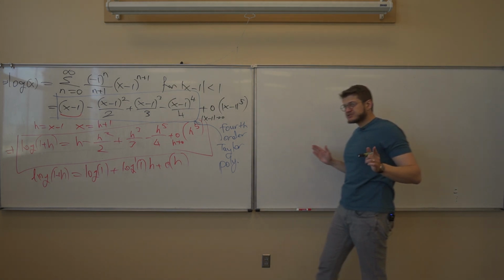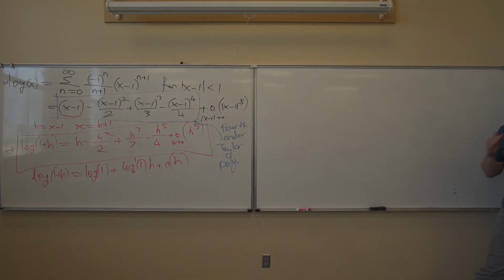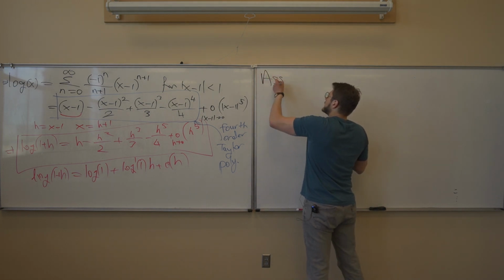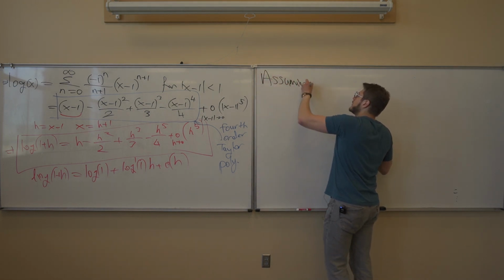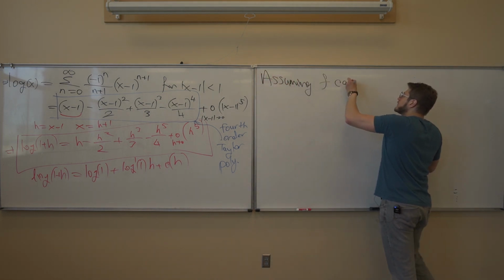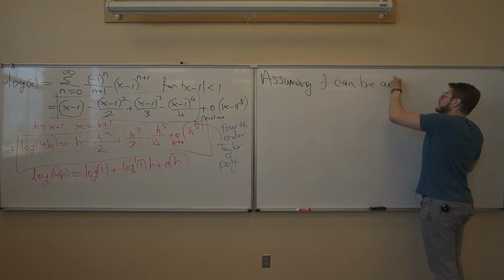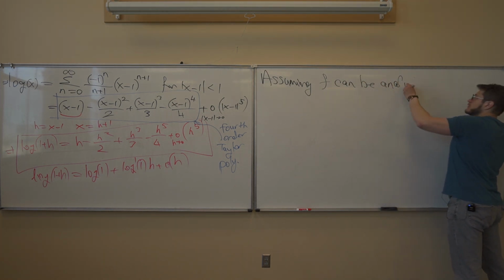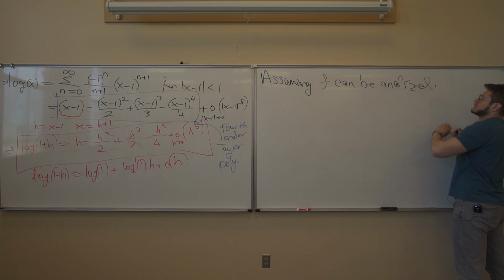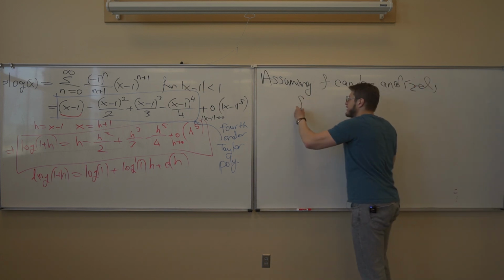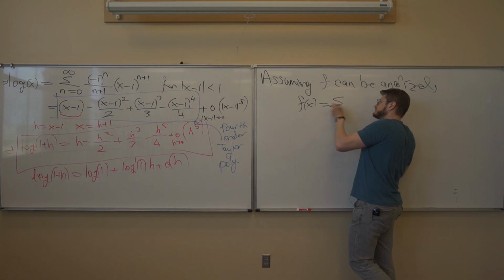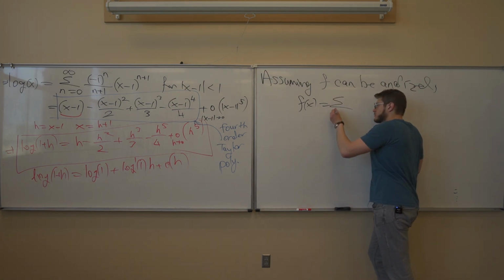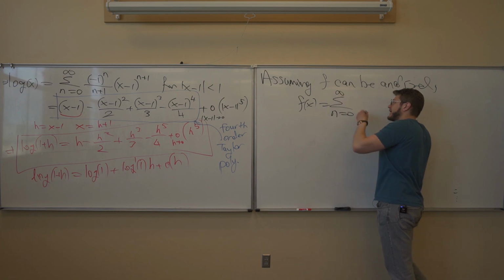Assuming my function f, let's say I was given a function, assuming it has a power series expansion, analyzed so that I have f of x equals this series, at least for some x values.